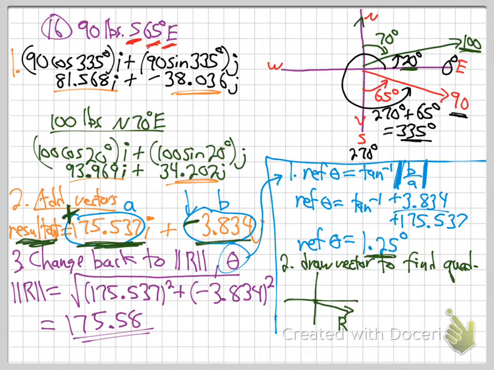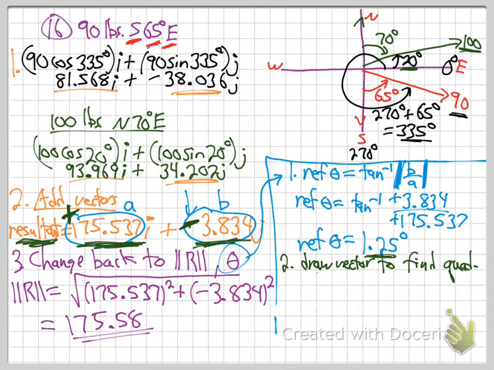Do you see why? Positive on the i is the sideways, the j is the up and down, and the j is negative. So it's right 175 and it's down 3.8, isn't it? You see that? It's right and down. So the resultant vector is in the fourth quadrant. Okay, so what does that mean? Let me draw this a little bigger, with a little more room here.